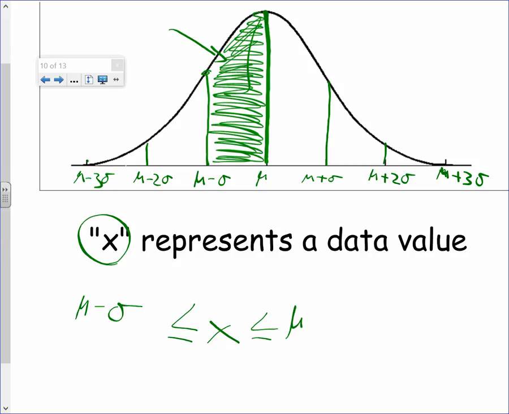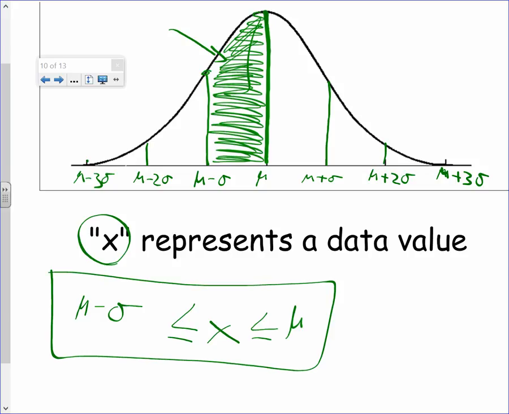This represents Ms. Rodriguez because her data value is in between. Look, it's greater than this data value. Look, that's one standard deviation below. It's greater than or equal to it, but it's also less than or equal to the mean. So this x describes everything that's shaded.